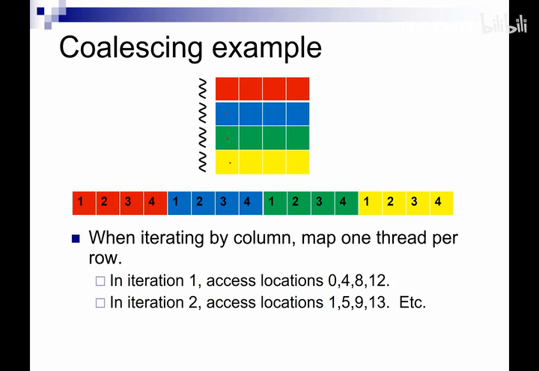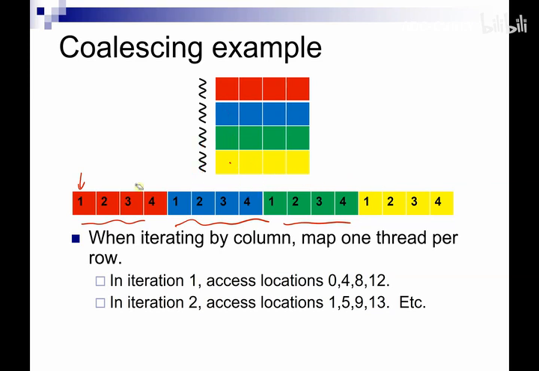The first red location is over here, the first blue location is over here, the green one is over here, and the yellow one is over here. These 4 memory locations that this warp of threads is reading lie in 4 different memory segments. Each color here is a memory segment. So they lie in 4 completely different memory segments, and we have a completely non-coalesced memory access on the first iteration.